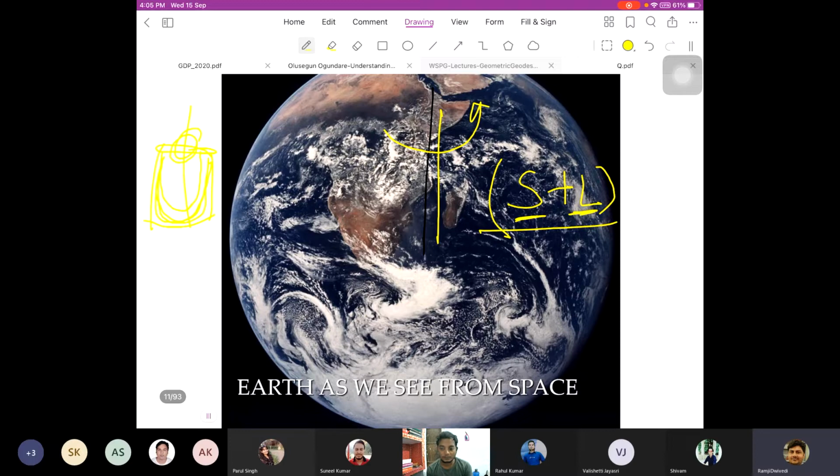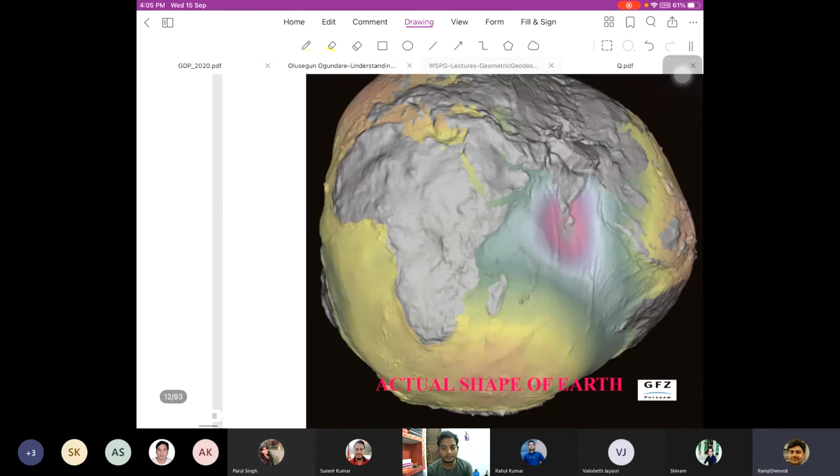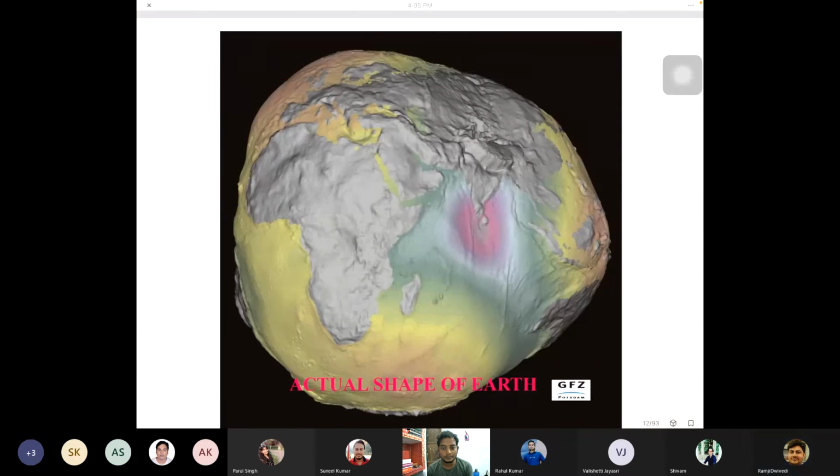And because of that phenomenon only, your Earth figure looks like this. It's a little oblate. We call it so-called bulged at the equator. So this is your equator, the center part of it, and it is bulged.